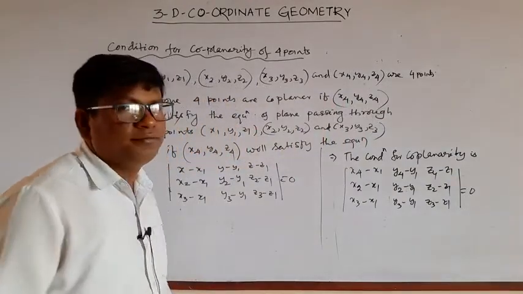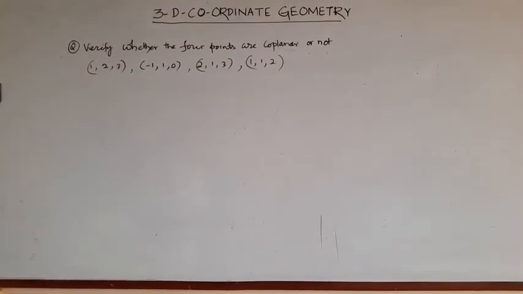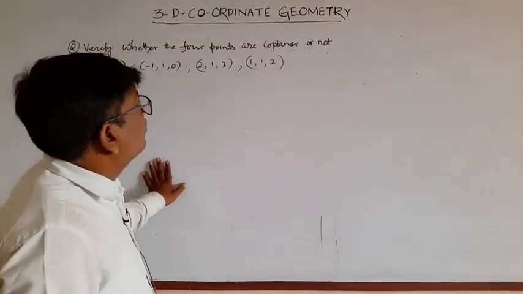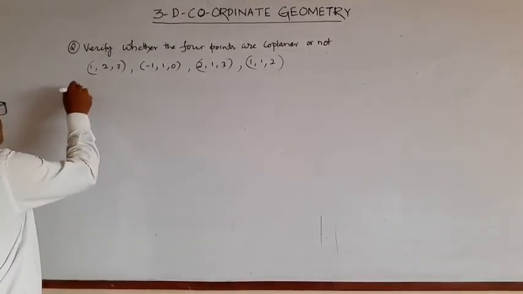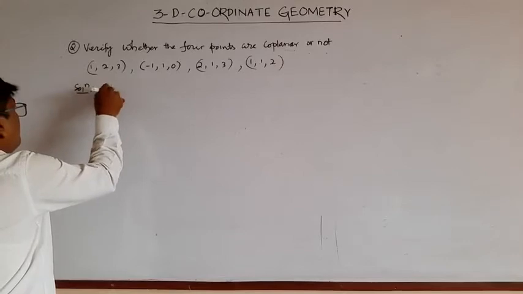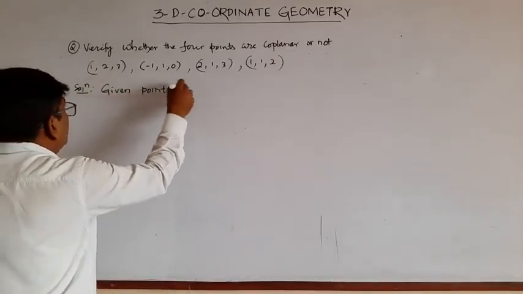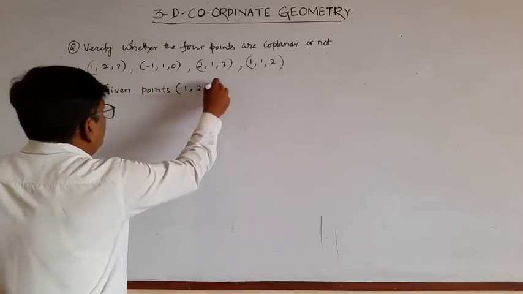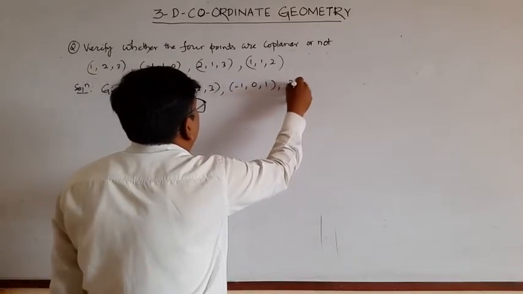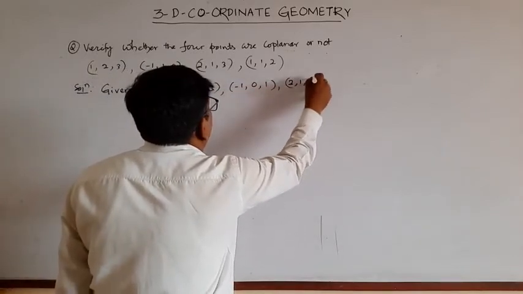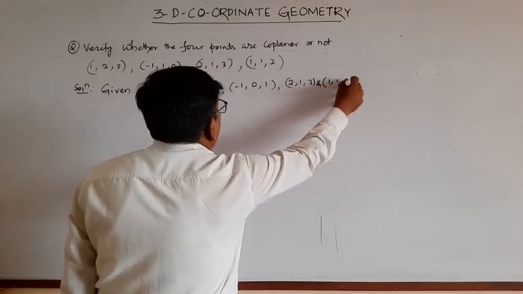Now, one example. Verify whether the 4 points are coplanar or not. Suppose the given points are 1, 2, 3, minus 1, 0, 1, 2, 1, 3 and 1, 1, 2.